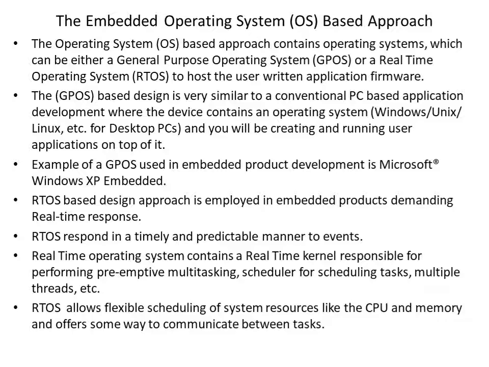You'll be creating and also running the user application in that. The operating system may vary here. An example of a general purpose operating system in embedded product development is Microsoft Windows XP Embedded.